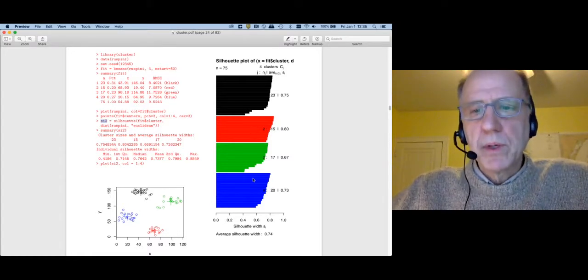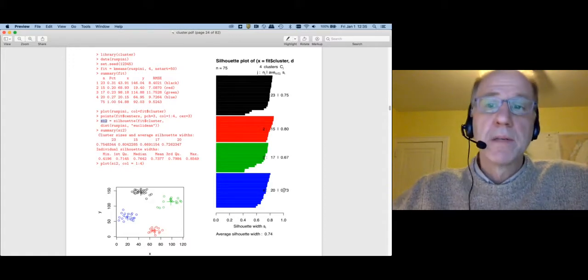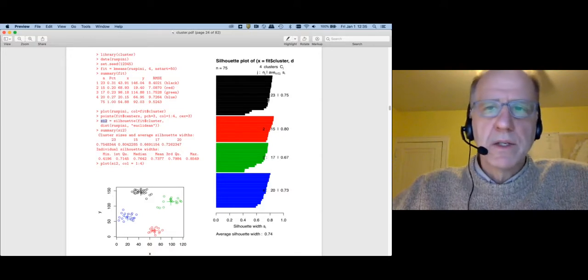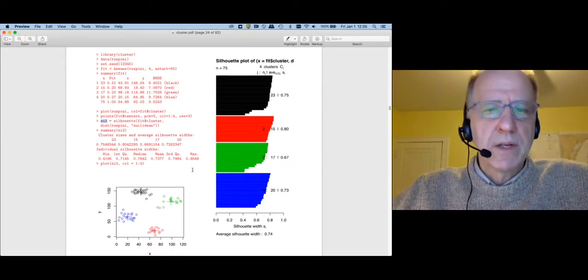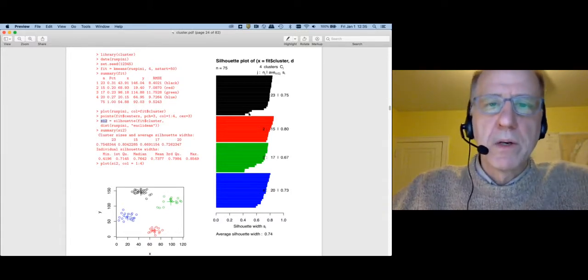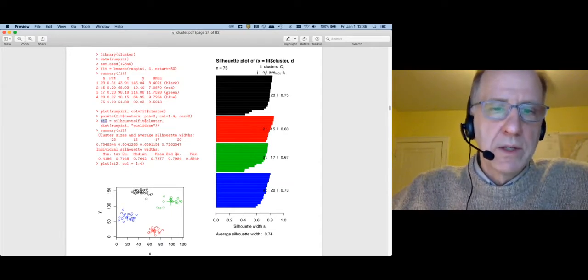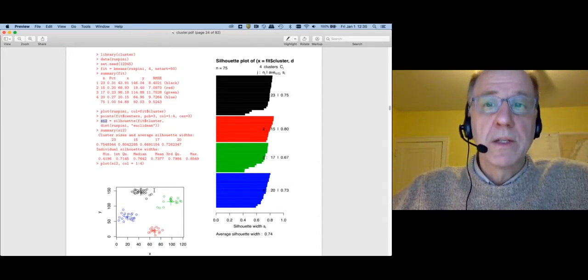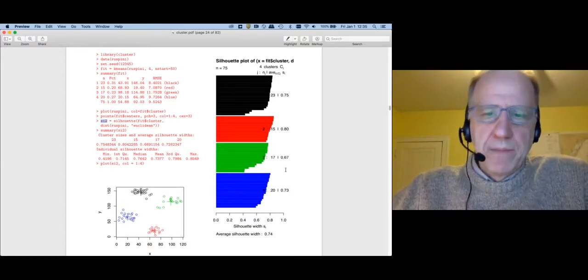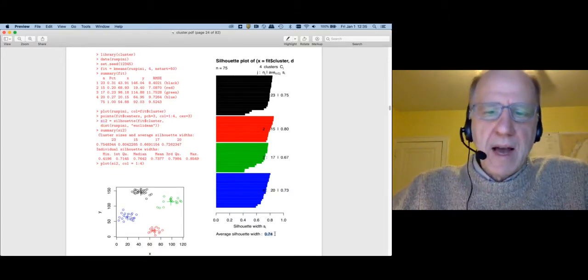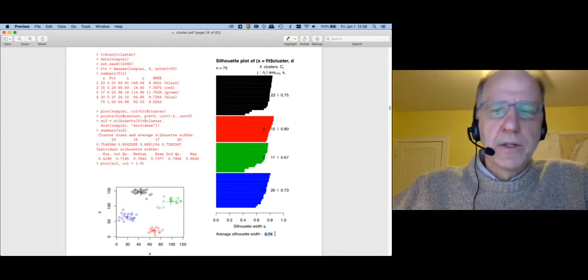When I look at the blue cluster, I see a pretty consistently high set of silhouette statistics, and the average is a bit higher. The black cluster has a couple observations down here, so 1, 2, 3 observations. Those are probably those 3 observations out here that are in no man's land, but everything else fits pretty well in that cluster. So this is a very sensitive diagnostic. At the bottom, we get the average silhouette for the entire solution.